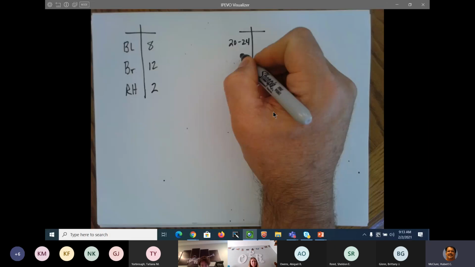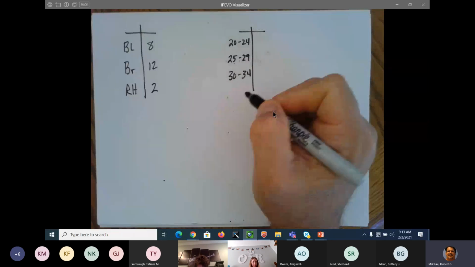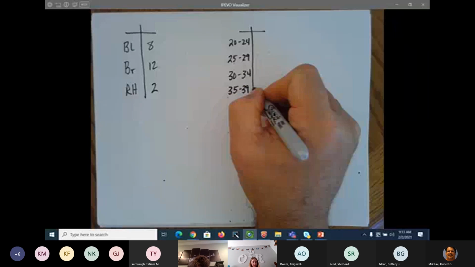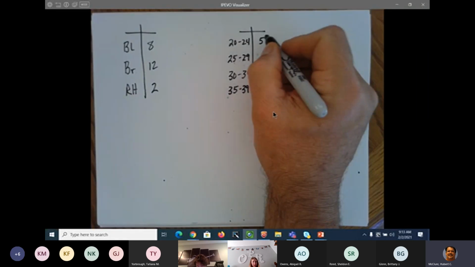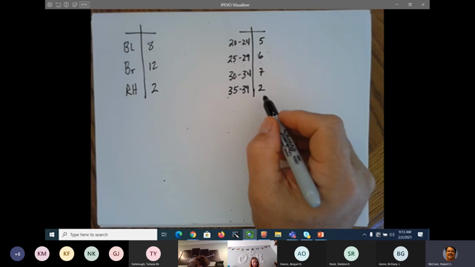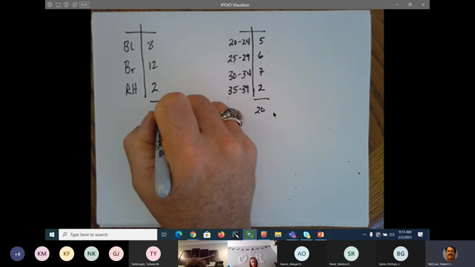And over here, 20 to 24, 25 to 29, 30 to 34, and 35 to 39: 5, 6, 7, and 2. And we know that n is equal to 22 on the first one, and n is equal to 20 on this one.